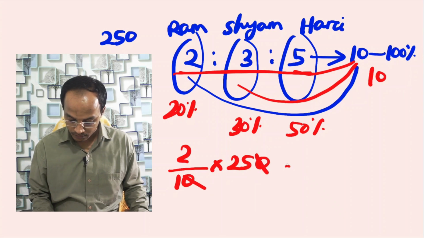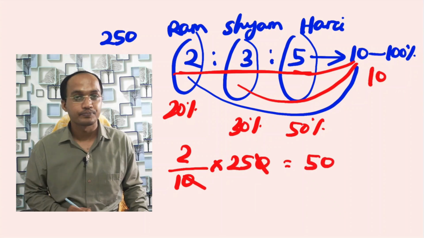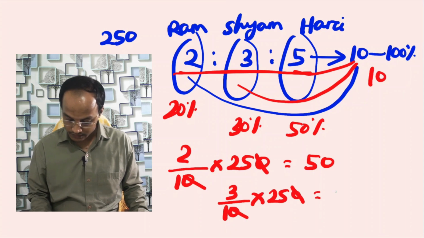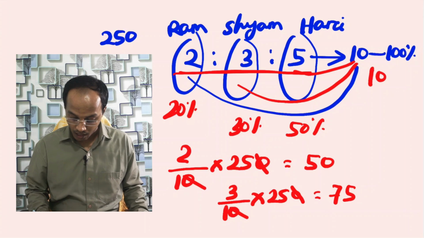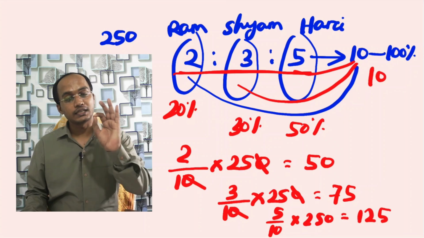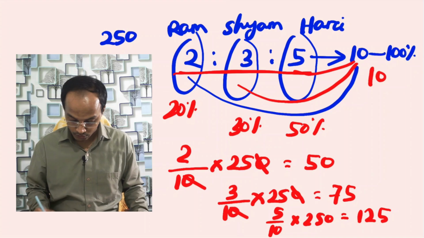It will be 50. Then how much does Shyam get? 3 out of 10 into 250. It will be 75. And how much does Hari get? 5 out of 10 into 250. It is 125. This is one method. By this we can solve.